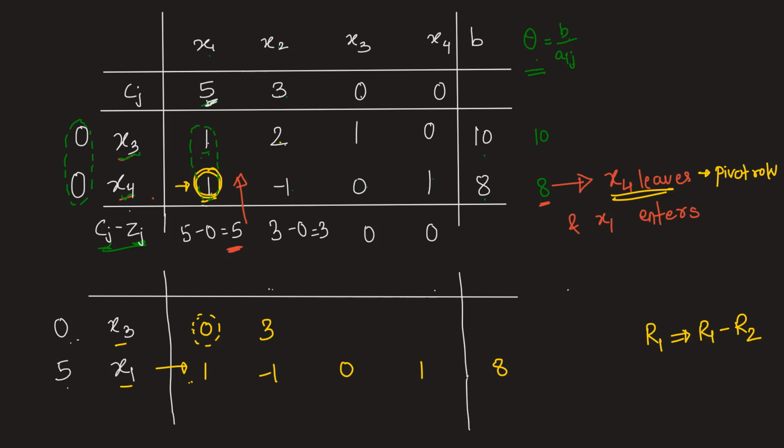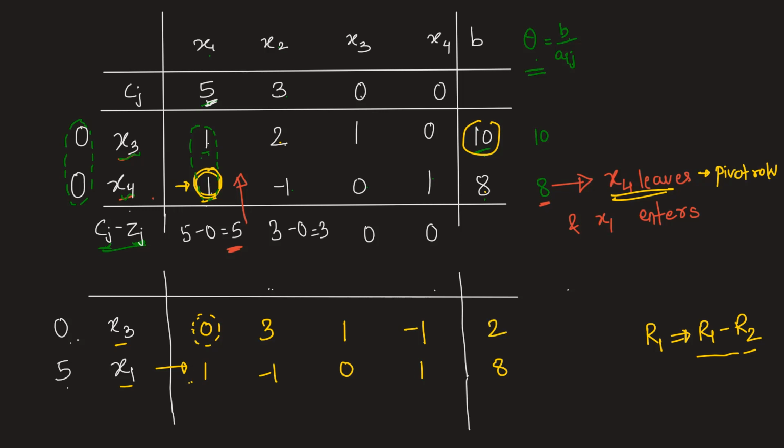Then we have 1 minus 0, again 1, and 0 minus 1, we have minus 1 here. Also this applies to the right hand side. We have to perform this operation on this element too. So it is 10 minus 8, 2.